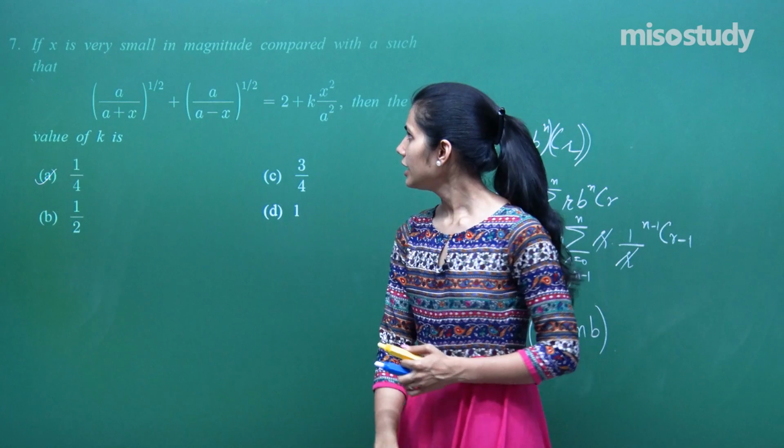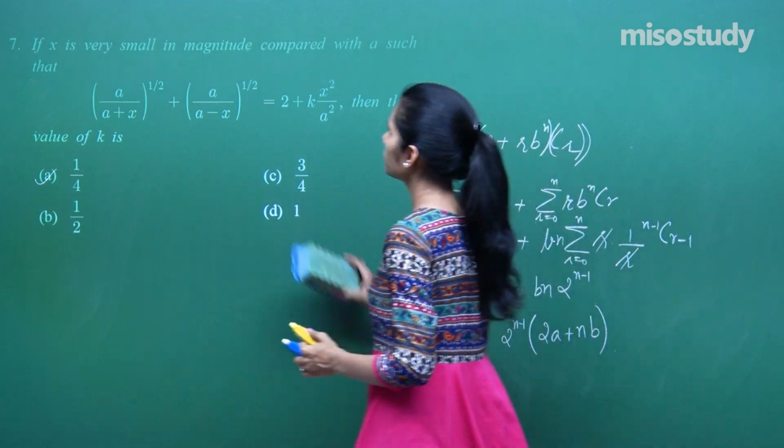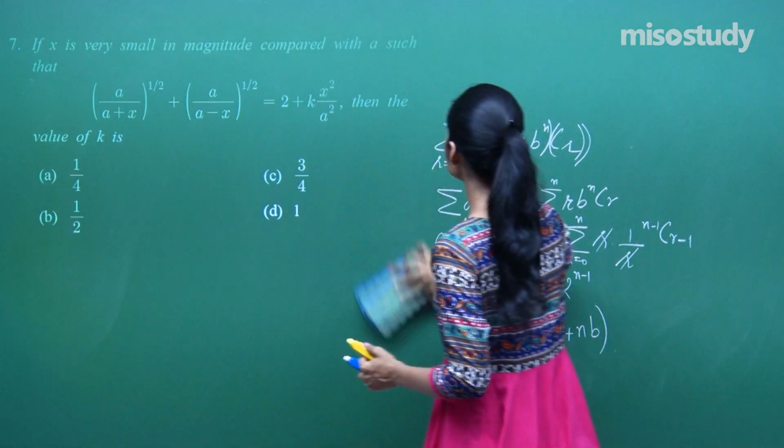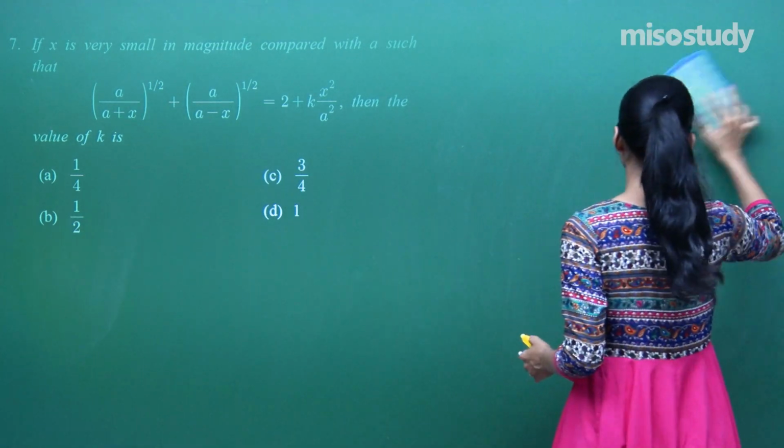Okay? If x is very small in magnitude compared with a such that this holds, then what is the value of k?